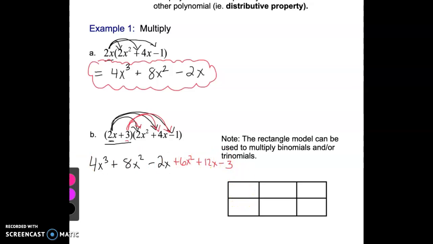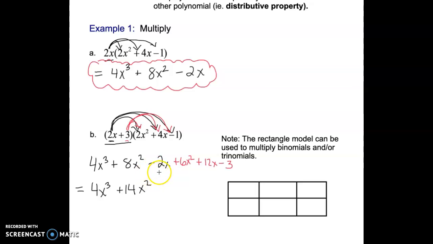Then we add all of these terms together and combine like terms. We have 4x cubed, and we don't have any more x cubed terms, so we just write 4x cubed. Then we have x squared: an 8x squared and a 6x squared. Adding those gives us positive 14x squared.